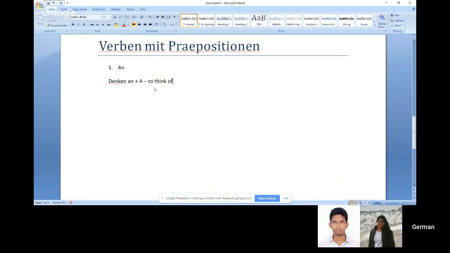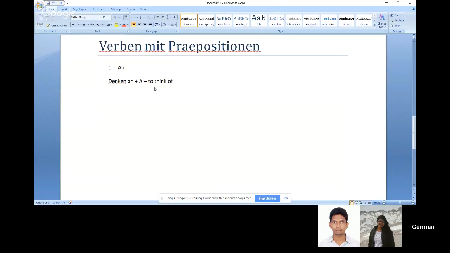Now, an is on, but that does not mean it means to think on here. An does not necessarily have to mean its normal prepositional meaning in these verbs with fixed prepositions. When it associates itself with a verb, everything changes.